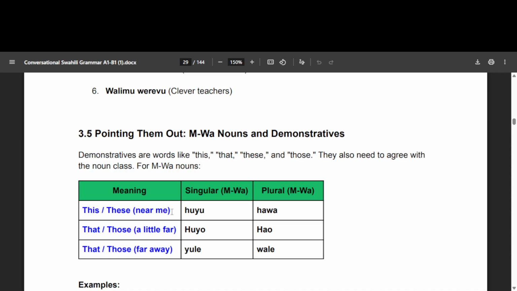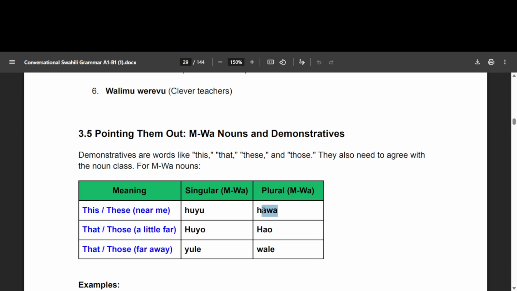We have the first one, near me. If something is very near me, I can touch the person, I can touch him. We say karibu. Karibu means near. So for this we say huyu, and if many we say hawa. For instance, huyu ni mwalimu. This is a teacher. If many, hawa ni walimu. These are teachers.